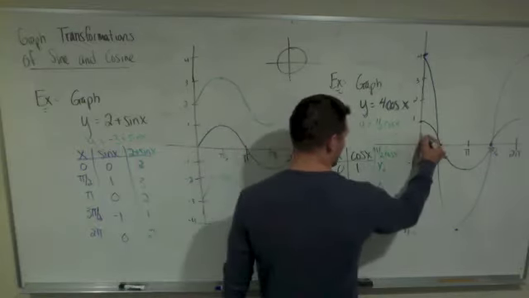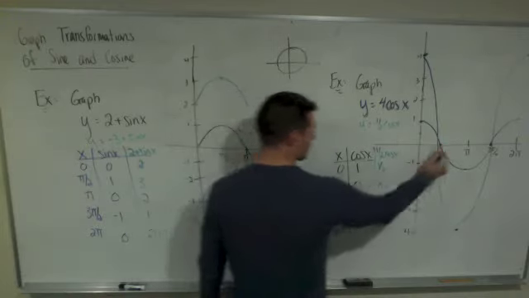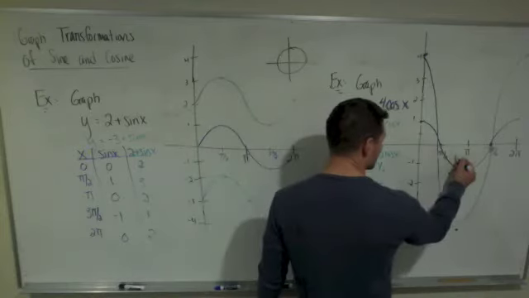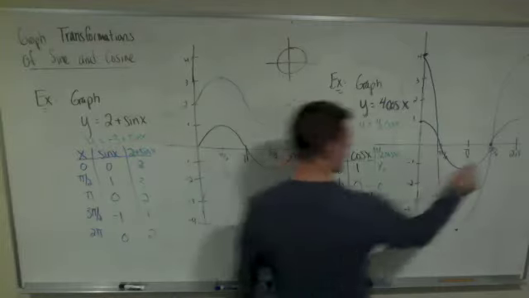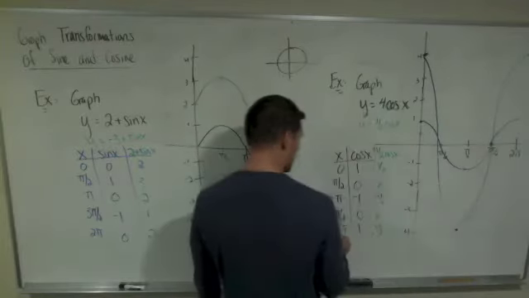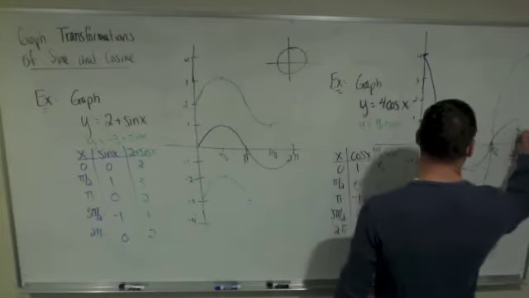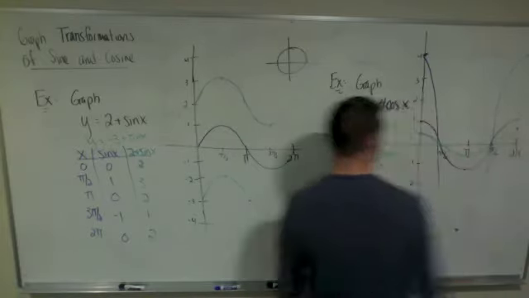And now I get something that looks like this. 0, 1/2, pi over 2, 0, pi, negative 1/2, 3 pi over 2, 0, and 2 pi, 1/2. So that vertically compressed this function, didn't it?